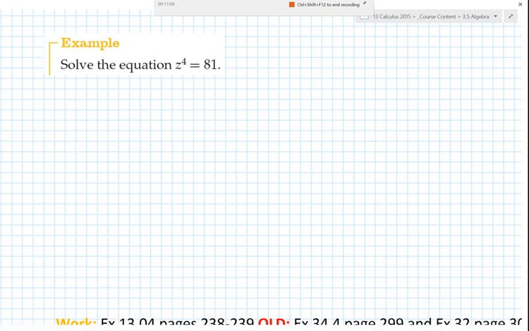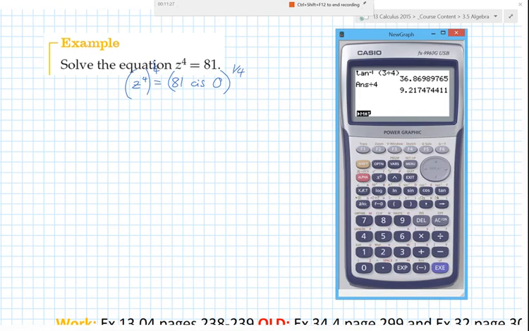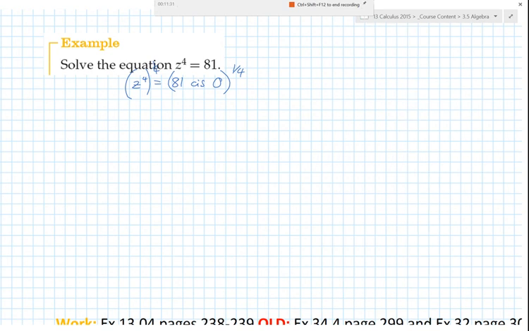This is asking us to solve this equation, so we're going to take the fourth root of both sides, but only after we've defined this in polar form. So we're going to write z to the power of 4 equals 81 cis 0, and so we're going to take the fourth root of both sides, and I don't know off the top of my head what that is, so I'm going to go 81 to the power of a quarter, and that's 3.